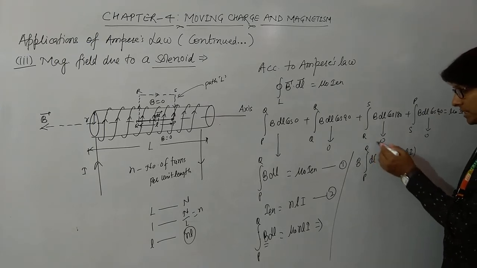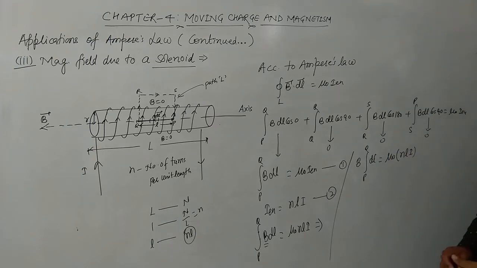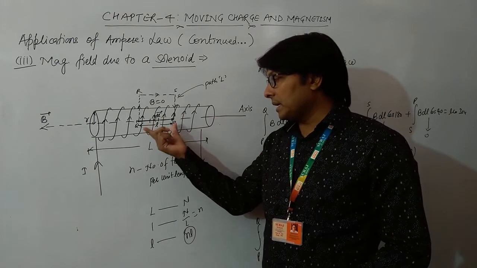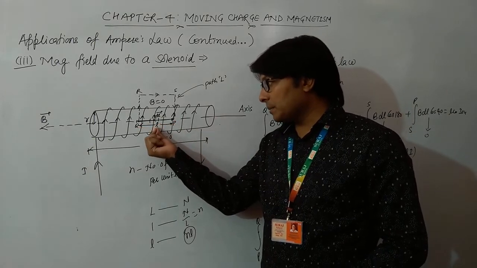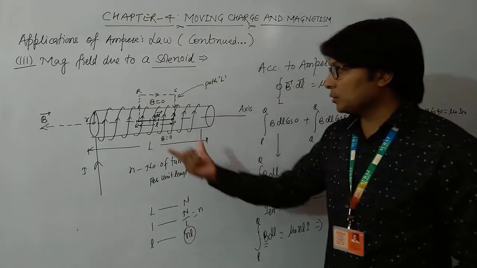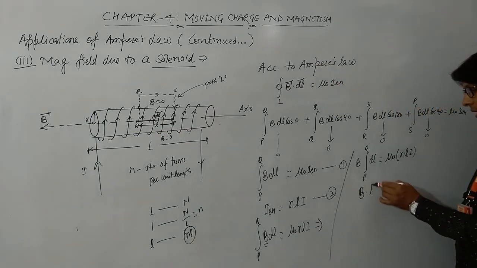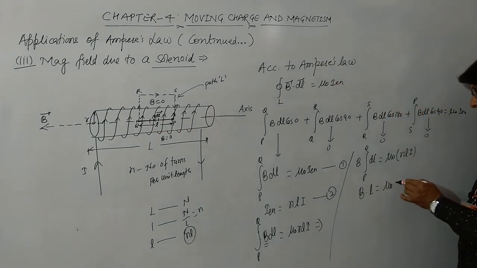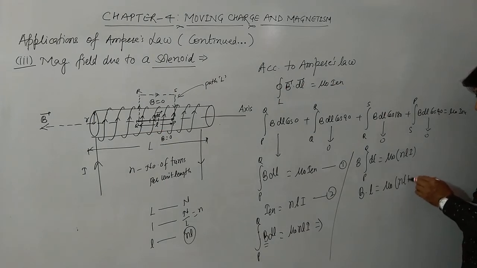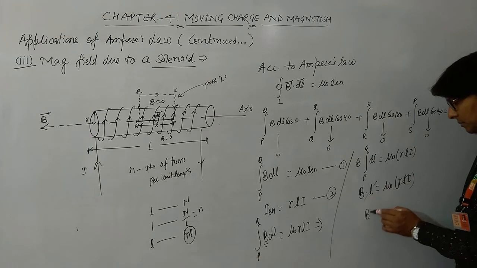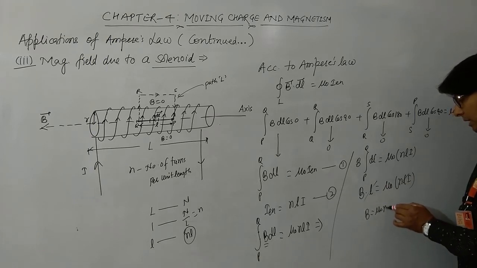Now what is this integration dl from P to Q? It will itself become small l, because this is the total length. So B into L is equal to mu 0 nLI. This L will cancel this L, so B becomes mu 0 nI.